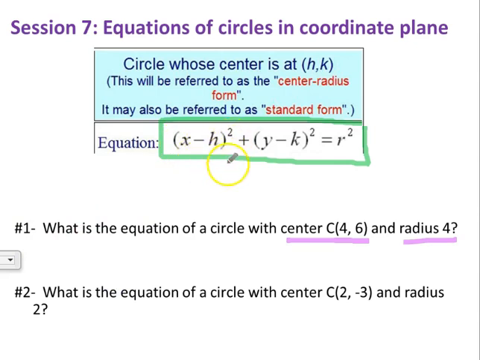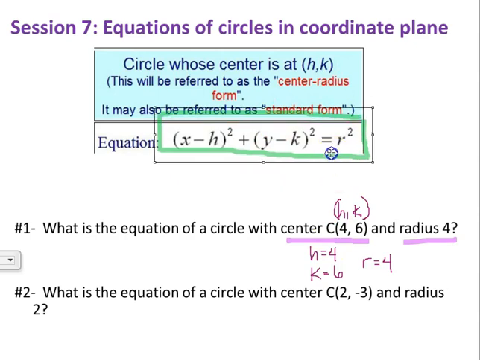All right, so for the equation, I know that the center is h, k. So that means that the h is going to be 4 and the k value is going to be 6. And then the r value is going to be 4 when I plug that into the equation. So I'm just going to write it underneath the equation up here since I've got that already written out.